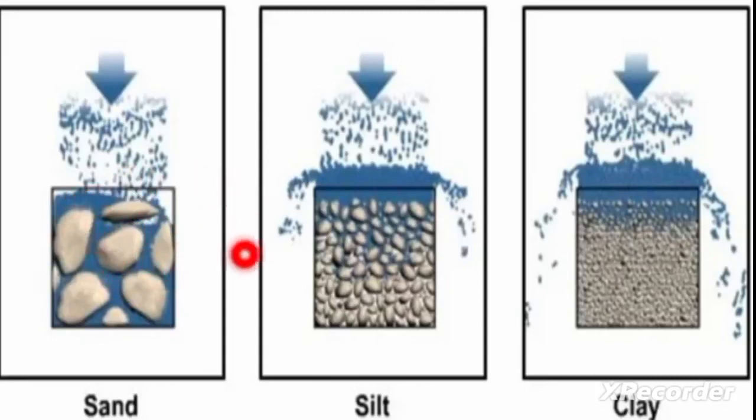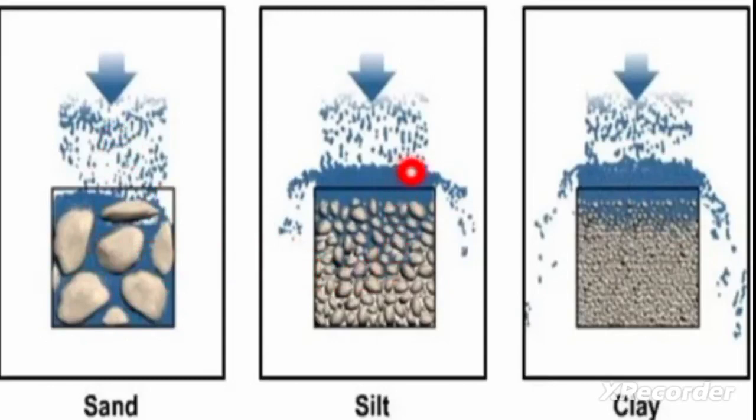So we are going to look at porosity across these three types of soil. Porosity is the number of pores or spaces within the soil. We can see that we have big pores within the sand soil. For this reason, sand soil allows water to pass through it.